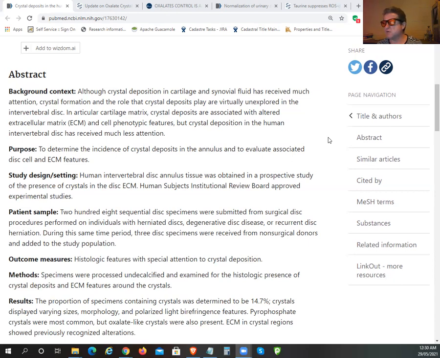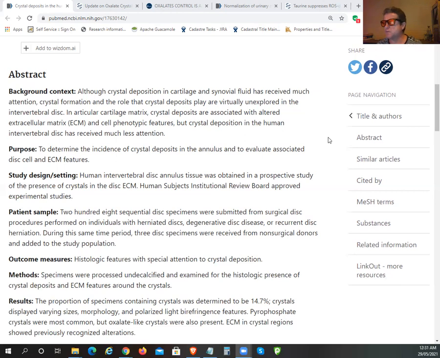Methods: specimens were processed, decalcified and examined for the histological presence of crystal features around crystals. So basically they decalcified the specimen to look, are there crystals in these things or not?